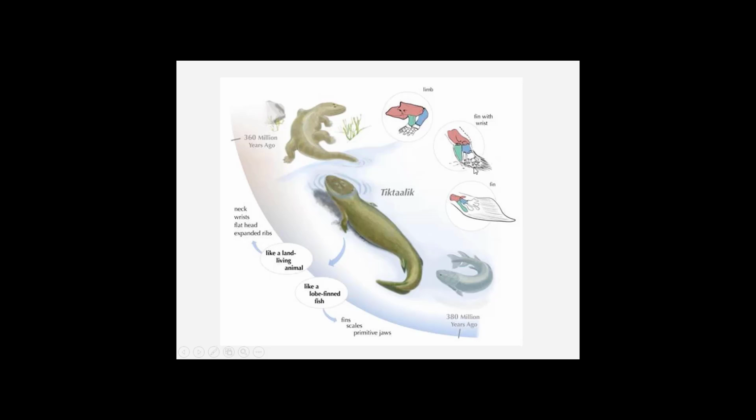And this is critical when we start to take a look at the development of limbs of land vertebrates. So these are the animals with backbones. When we look at limbs of amphibians, reptiles, birds, mammals, and the like, we see that all of their limbs really do follow this same pattern.